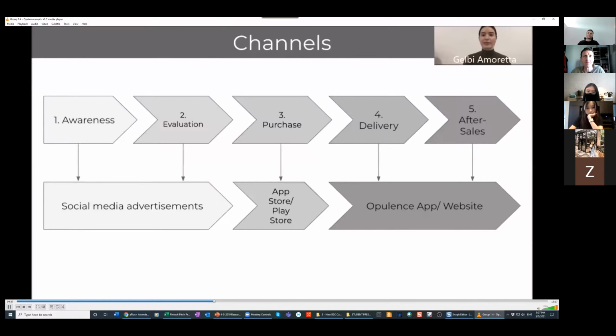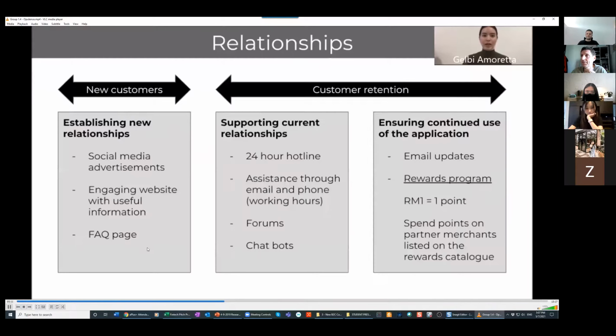Basically, this app is our entire product. But in addition to this, we also have a website if customers would prefer to do their transactions that way on a bigger screen, or if it's more convenient for them to do so. As for customer relationships, our team is dedicated to provide top quality support.